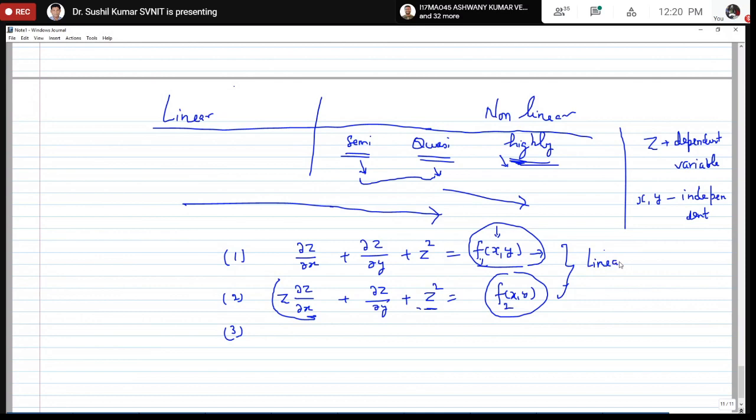So derivative terms are linear in both the equations.